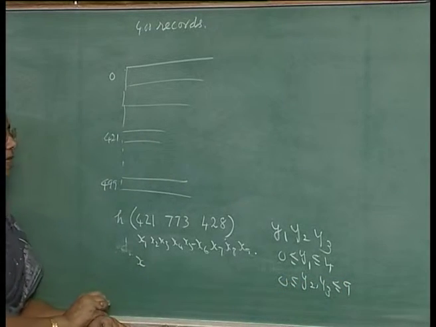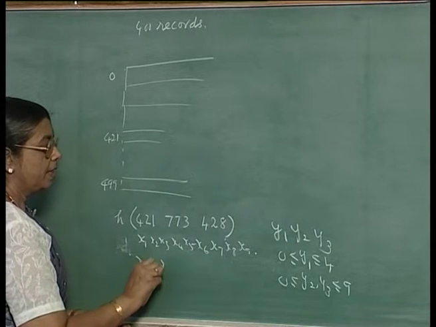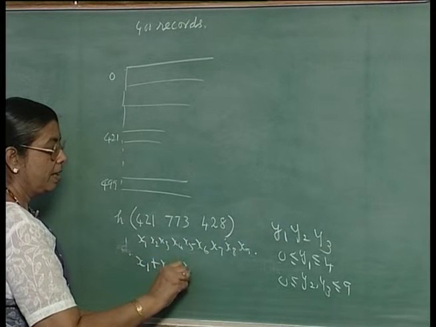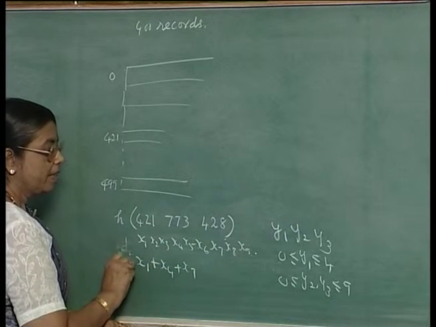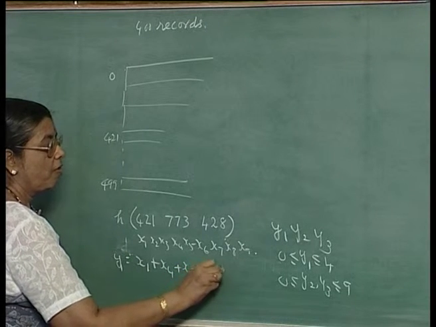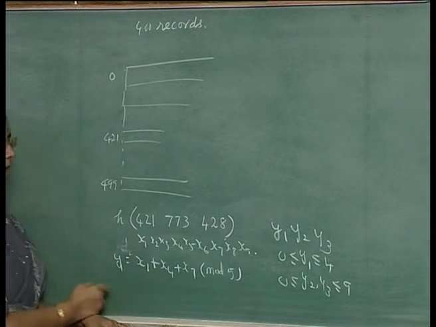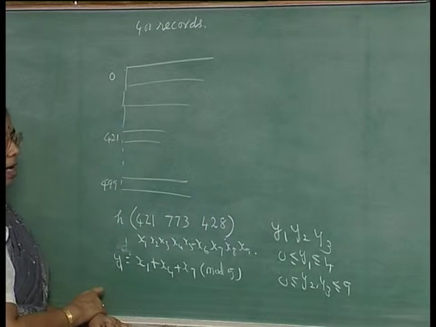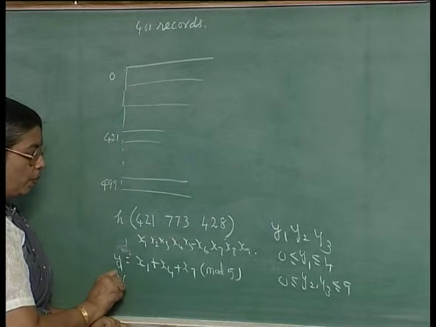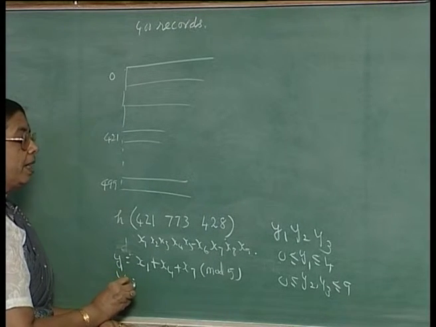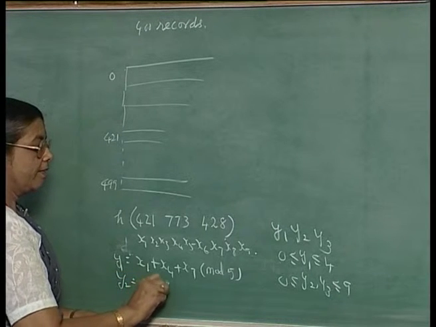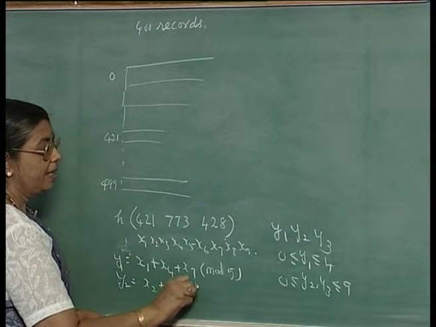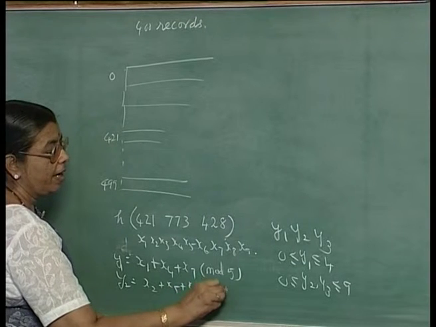So, you can define something like x1 plus x4 plus x7, y1 is this mod 5. In that case, it will reduce to a number between 0 and 4, and y2 is x2 plus x5 plus x8 mod 10.